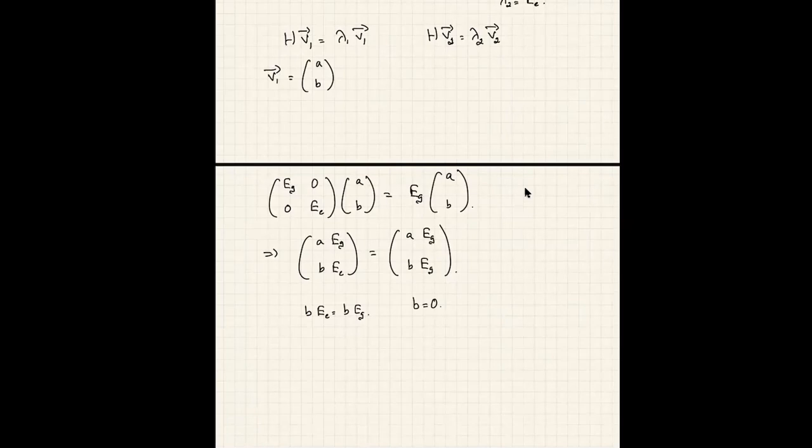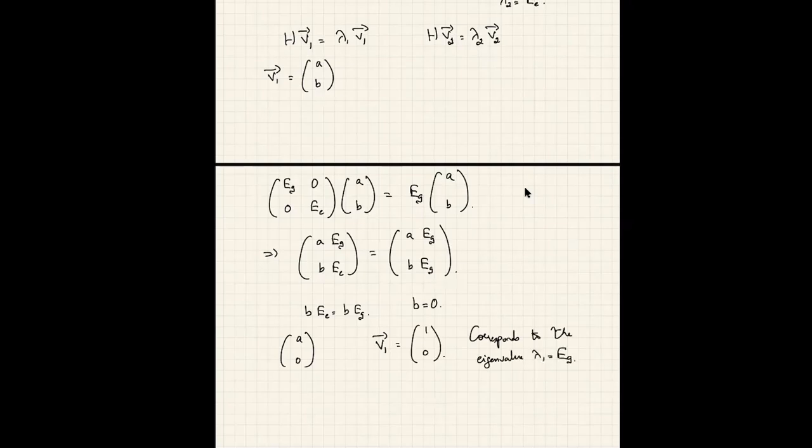So any vector of the form A comma 0 is an eigenvector of this equation, where A can be anything, with eigenvalue EG. Of course, the simplest choice is A equal to 1. So we choose V1 to be 1, 0. This corresponds to the eigenvalue lambda 1 equal to EG.